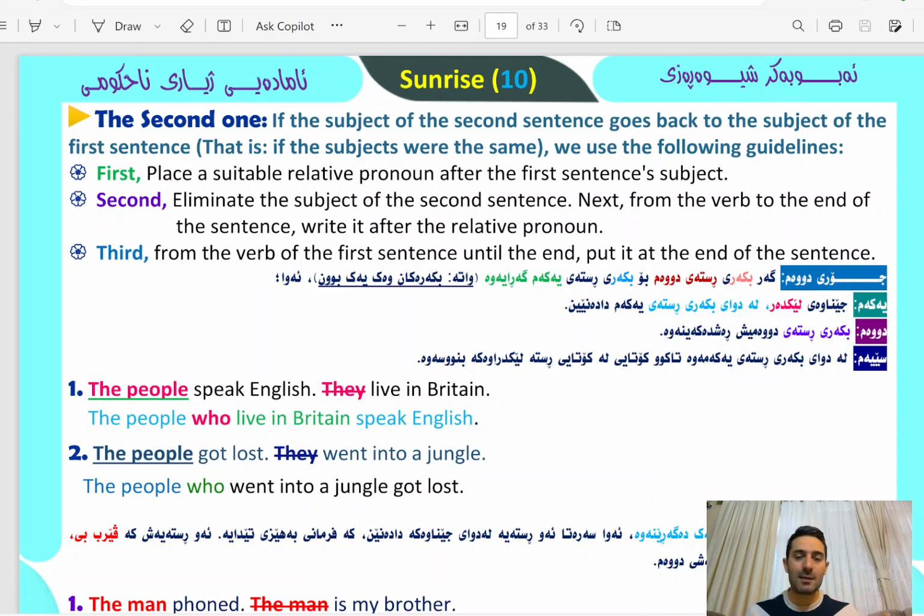It doesn't make any sense alone. So we identify it: the people got lost. Who got lost? Who went into a jungle. We use who or which to identify or define the person or thing we are talking about.